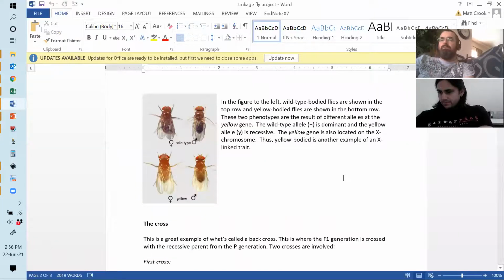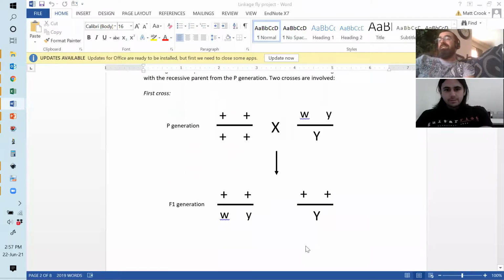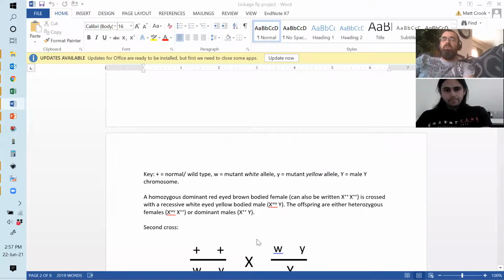Here we go. So essentially, this is exactly what I've just told you. I just used the letters for the actual genes, right? So the cross plan is all there for you. You can go over it another time when you've got a clear head.